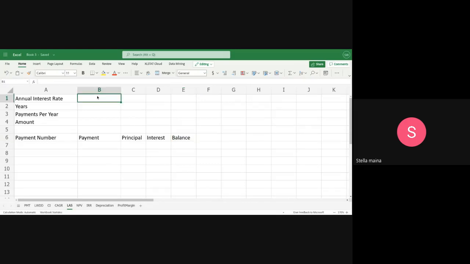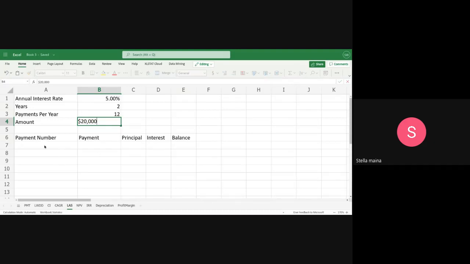So our annual interest rate is 5%, we have a 2-year duration, payment per year is 12, since you're paying monthly, so there are 12 payments per year, and then the amount is 20,000.